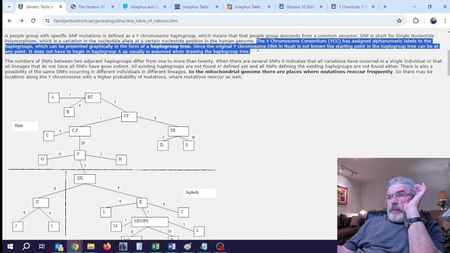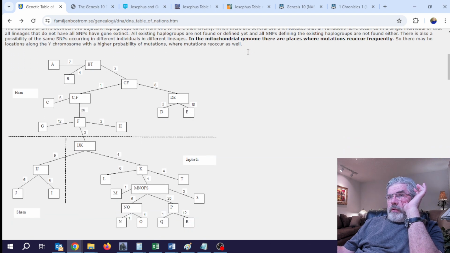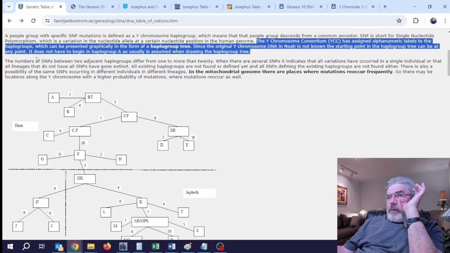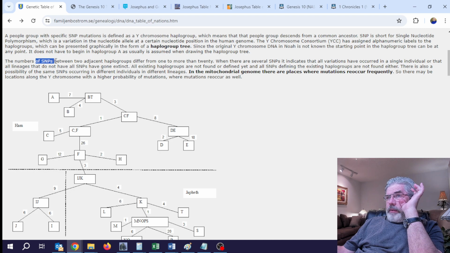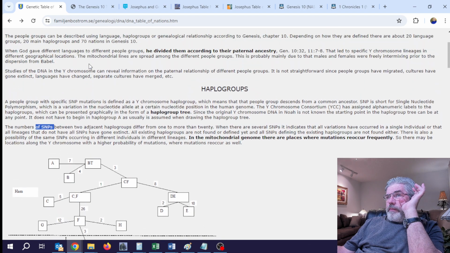So again, he's suggesting here that A does not mean Noah. Even though there was a reason why they labeled it A, it doesn't follow that this is definitely the conclusion. Okay, the numbers of SNPs, and this is single, I think he defines it up here.